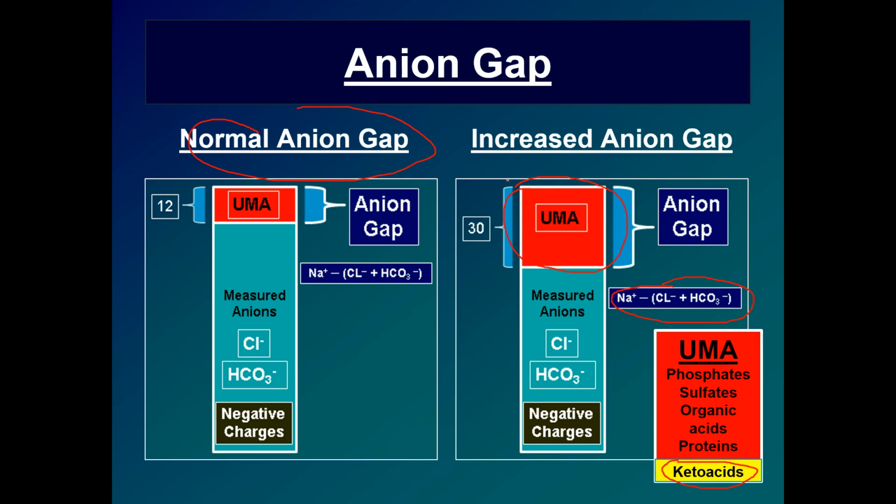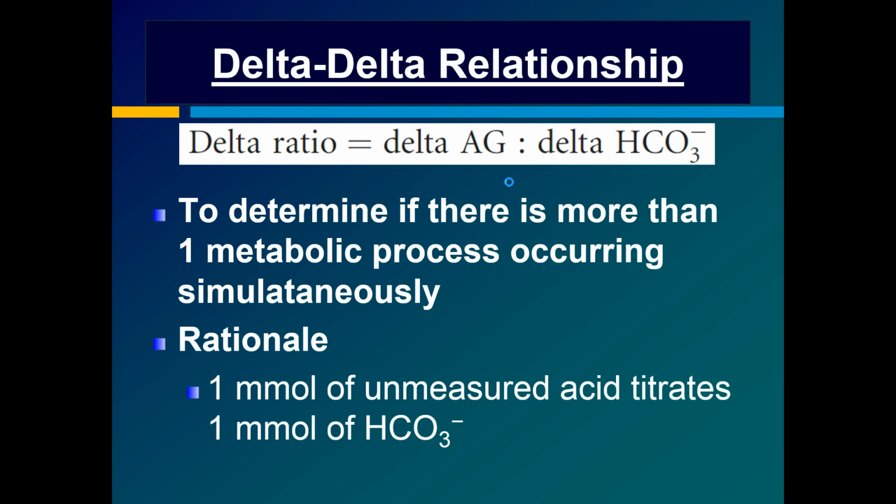Now, the next concept, just want to kind of get across, and this will make more sense as we bring these two concepts together, is something called delta delta. And what delta delta refers to is the change in your anion gap and how that compares to the change in your serum bicarbonate.